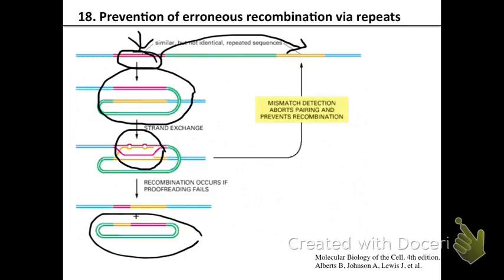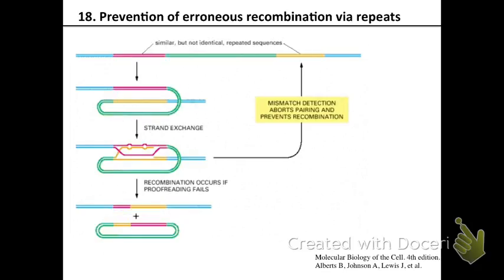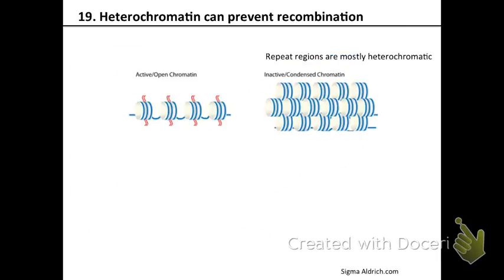It doesn't allow any partial credit. So if it sees these mismatches, it aborts the recombination process. So you basically do not have a huge excised fragment through that.